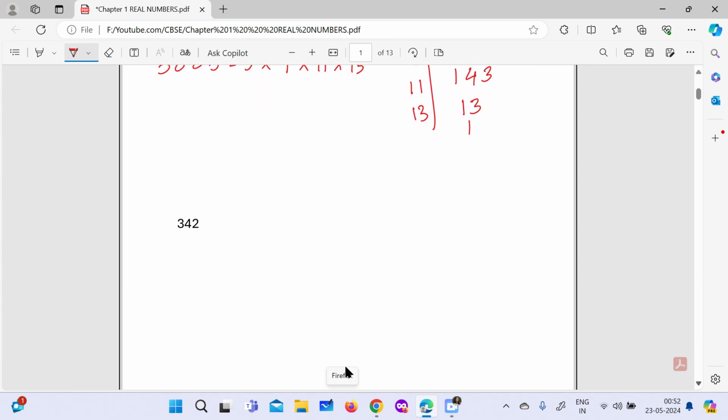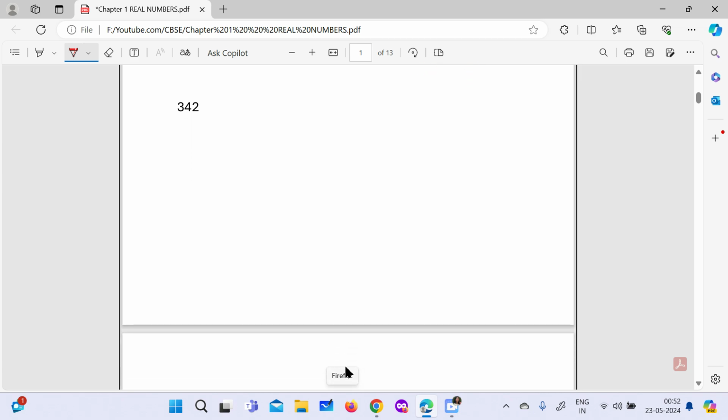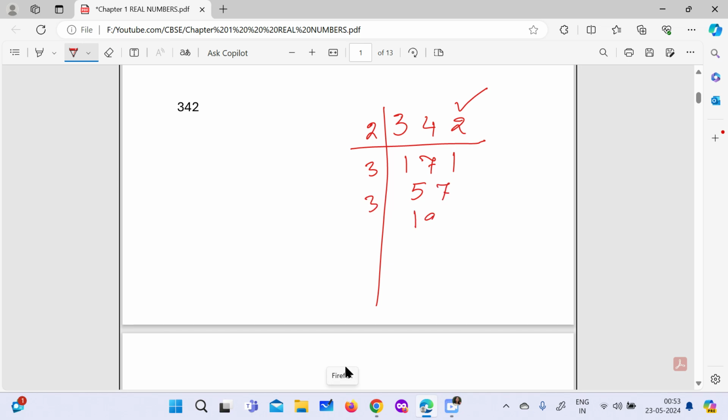Now let's see one more number. Your next number is 342. Let's do the prime factorization of 342. You know that when you have 2, 4, 6, 8 or 0 at the ones place, it is an even number and it is always divisible by 2. So let's start with 2, and we have 171. Now this is divisible by 3, and again this is divisible by 3.